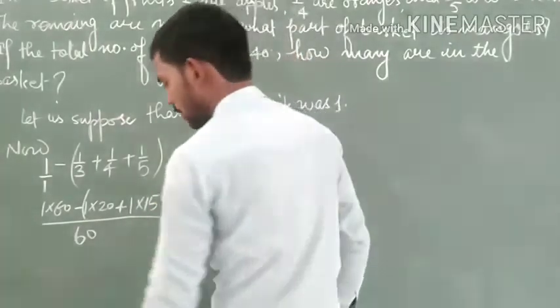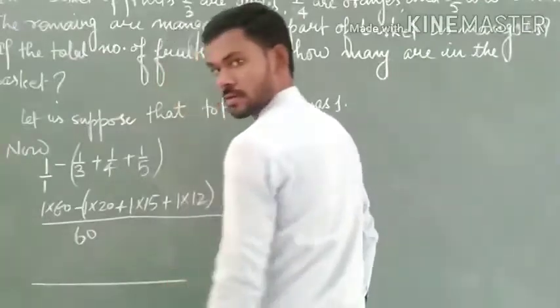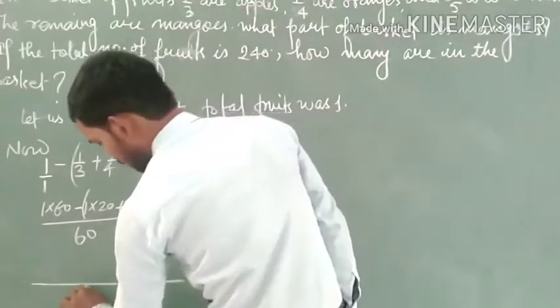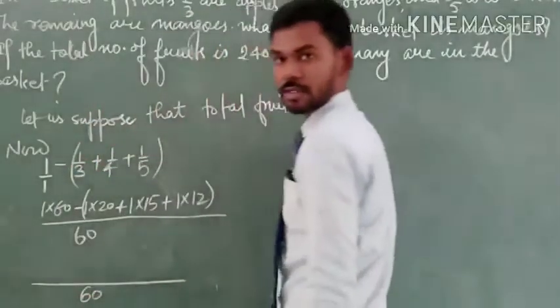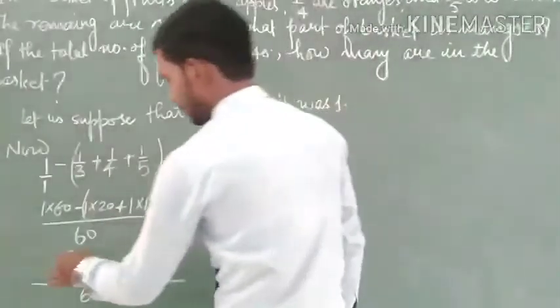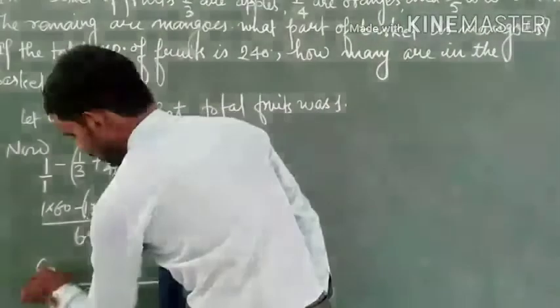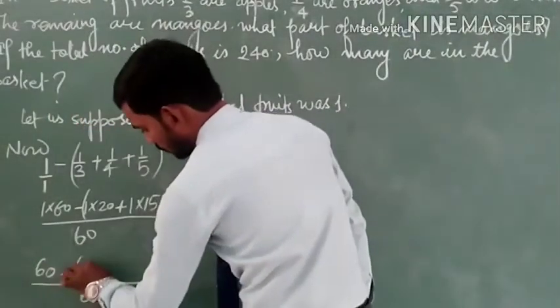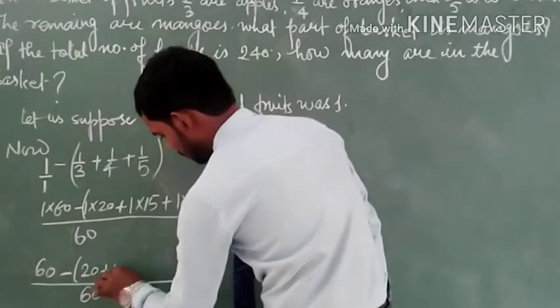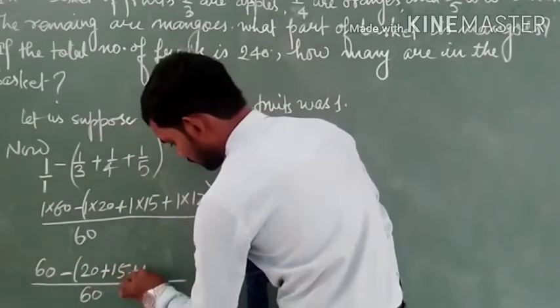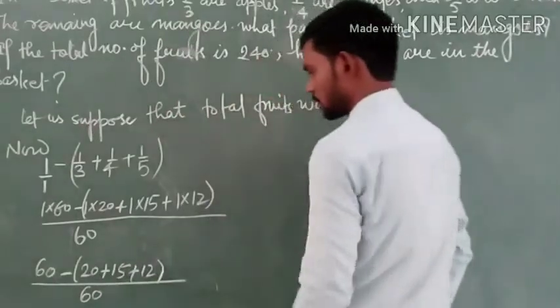Okay, and here we get 60 as LCM, and here we get 60 minus 20 plus 15 plus 12.